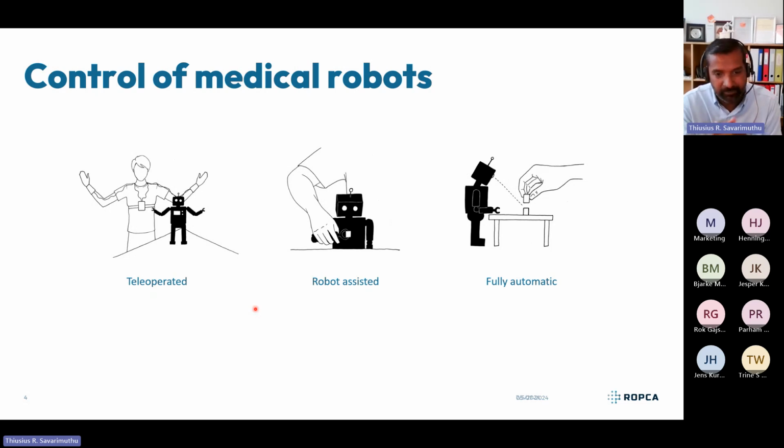So for instance, the well-known Da Vinci robot from Intuitive Surgical is a teleoperated robot. That's a surgeon sitting in a surgeon console, and they remote control every motion of the robot in order to operate the patient.